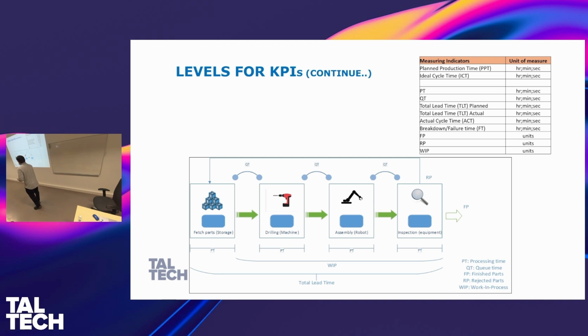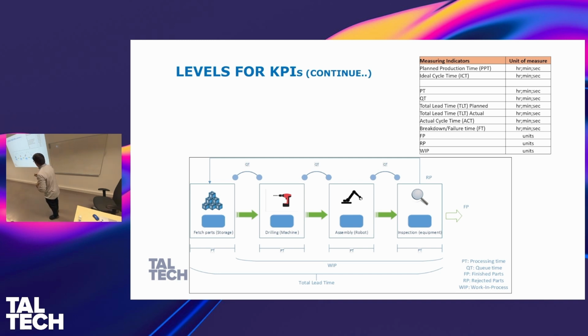Here is one example with different activities going on in the line. We have storage of the parts, a drilling process, an assembly process, and an inspection process. We can divide this line by different timings and also by the number of parts that we produce. So there is a table. PT is the processing time.